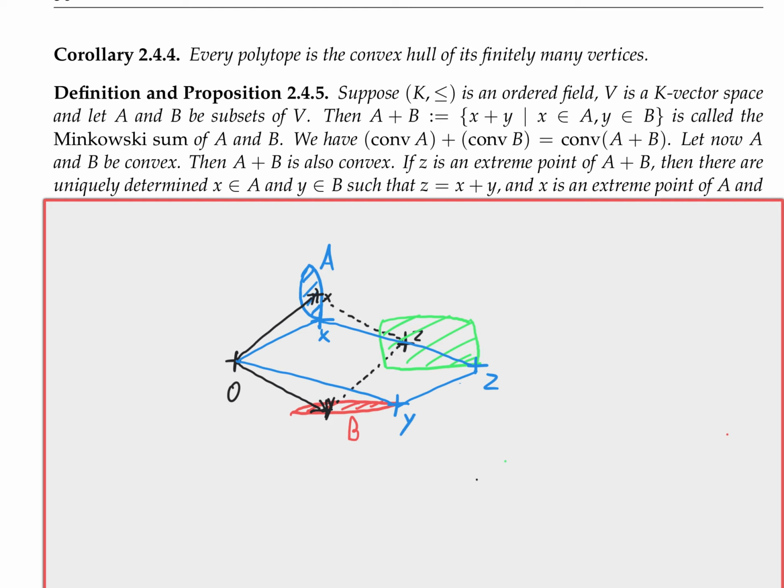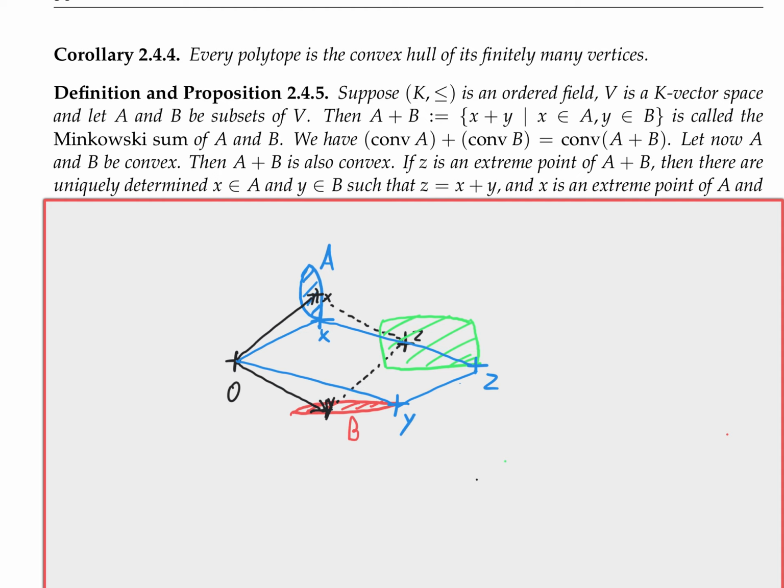And well, even they are unique. So yeah, I could also say this in this way. So this point can arise only in one way by adding points from A and B, right? Other points, for example, this point here could probably arise in several ways, right?